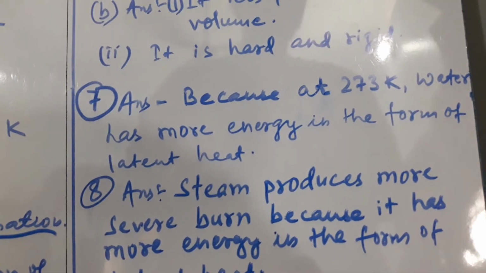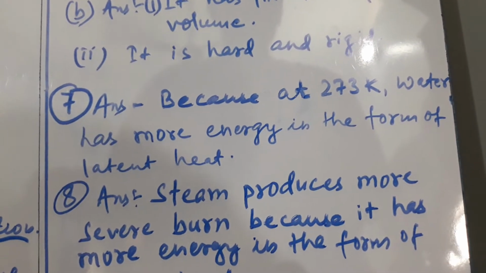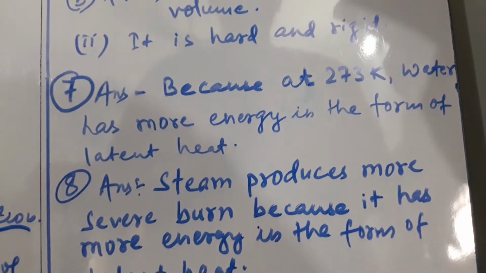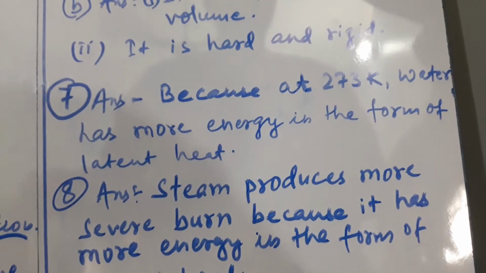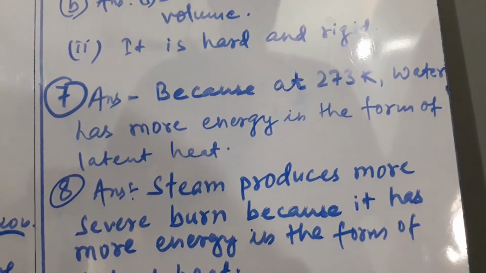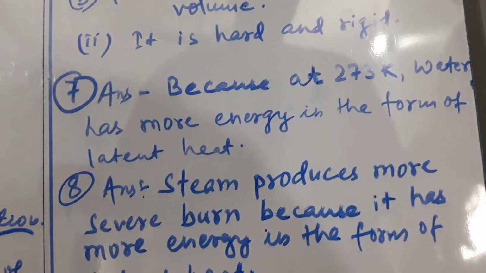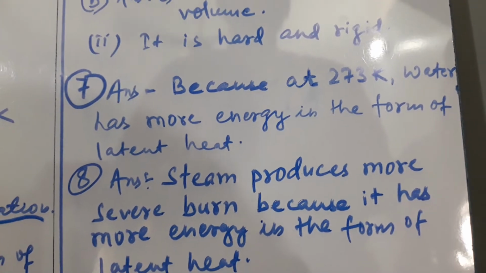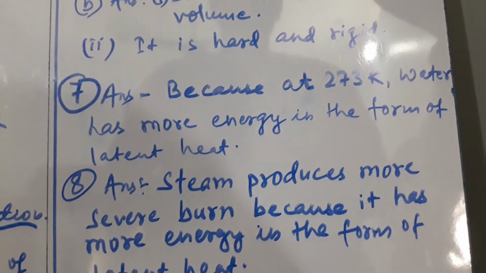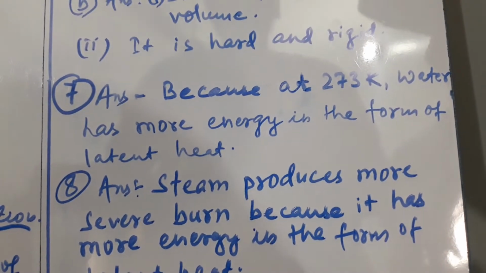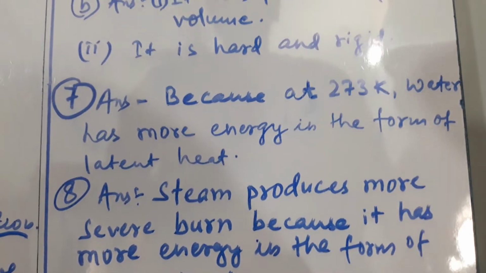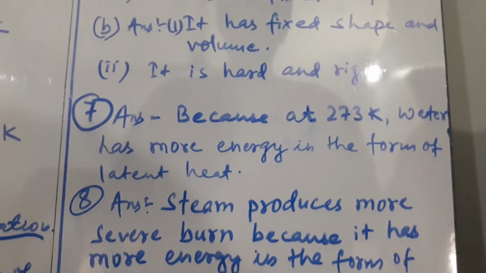In question 5 it was asked what is the physical state of water at 100 degrees centigrade, and the B part asks why ice at 273 Kelvin is more effective in cooling than water. 273 Kelvin is equal to 0 degrees centigrade.